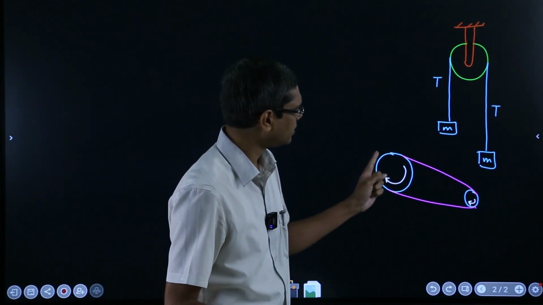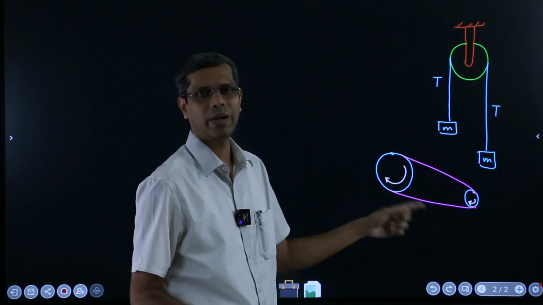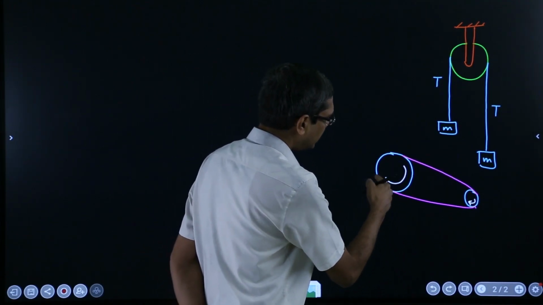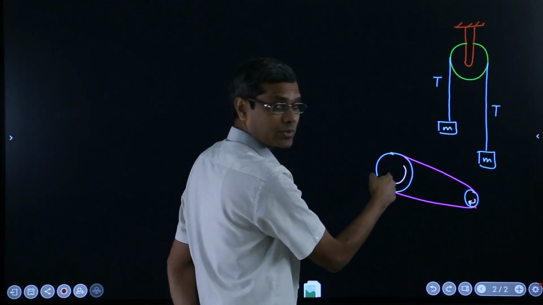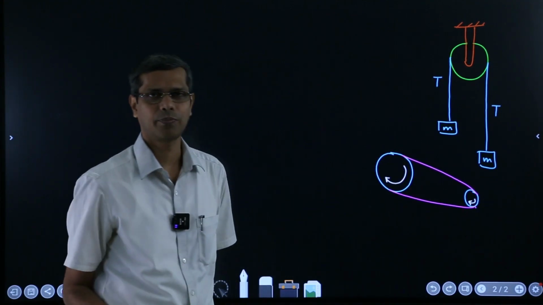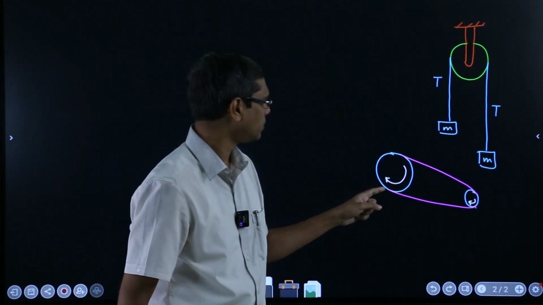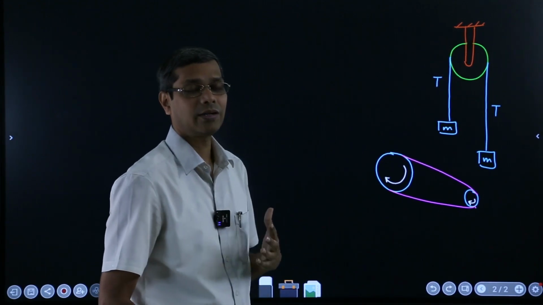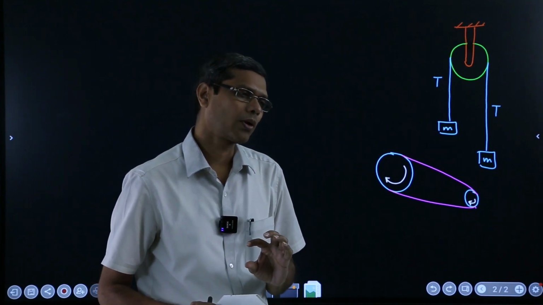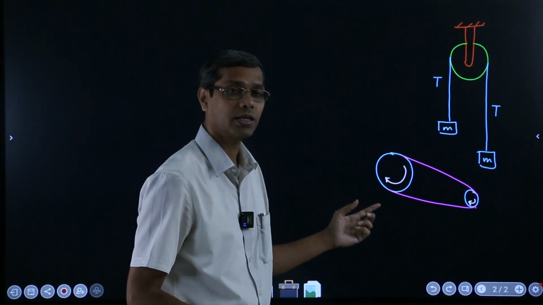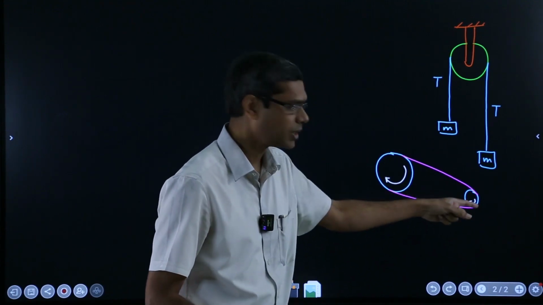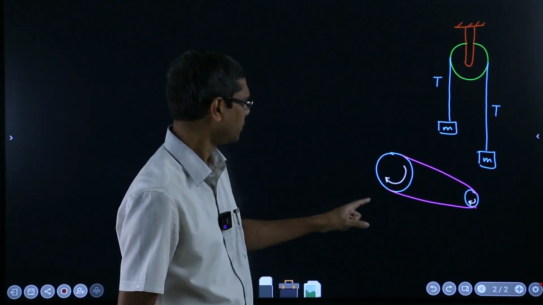So in such cases you should use a belt drive, where at this location, if friction is absent, you cannot transfer this power. So friction is very crucial. We always think that friction is an opposing thing, but here friction is a friendly thing, and we are using friction to transmit the power there.